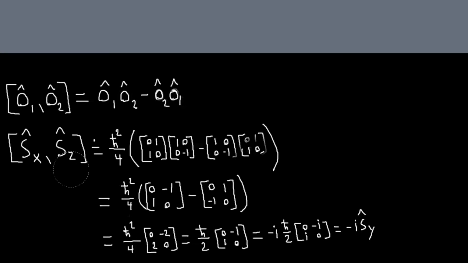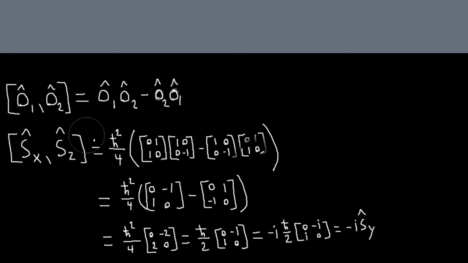Whenever you have two operators that don't commute, it means you can't label your basis states using both of these values. We saw before that we wrote our general state vector for a spin 1/2 particle as either linear combinations of our Sx kets or as linear combinations of our Sz kets, but we didn't label them by both values.